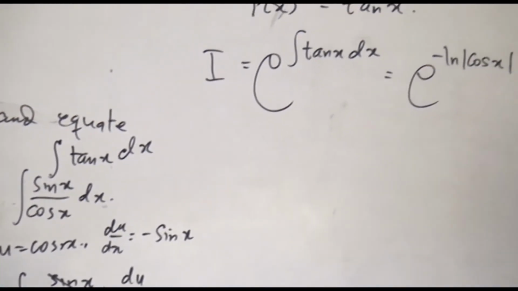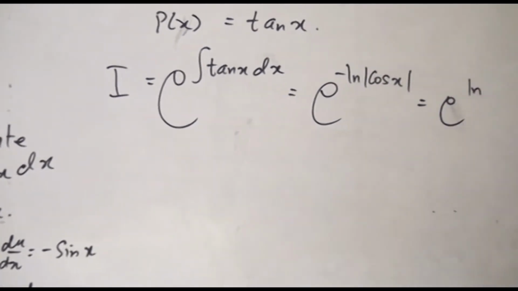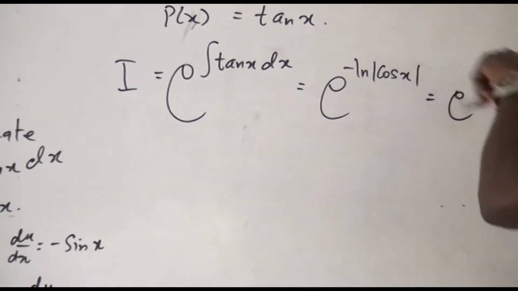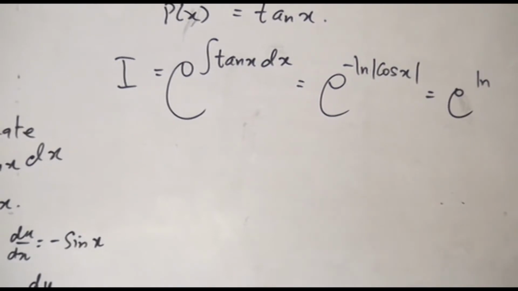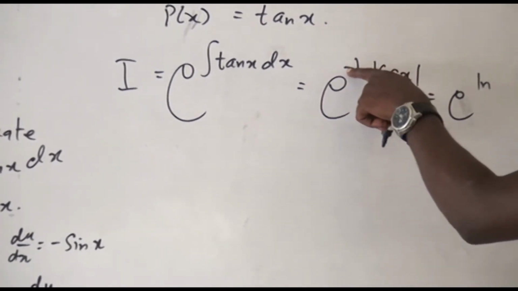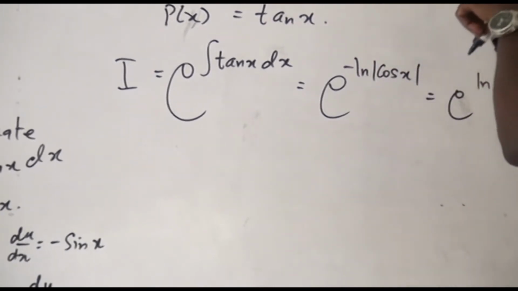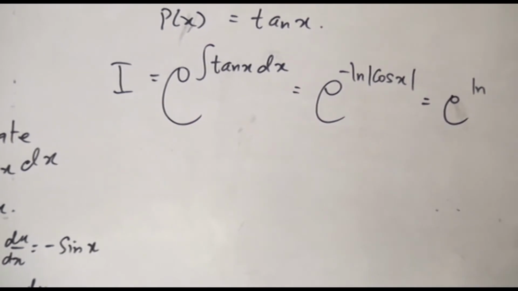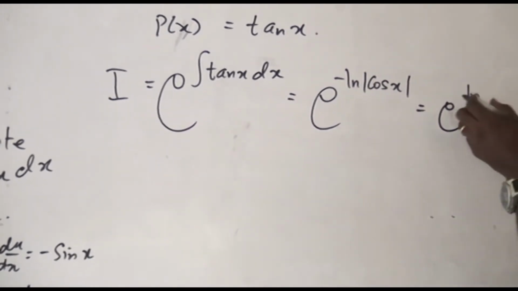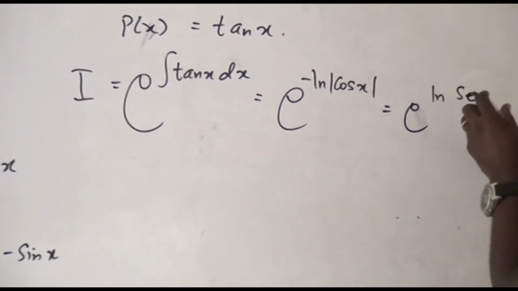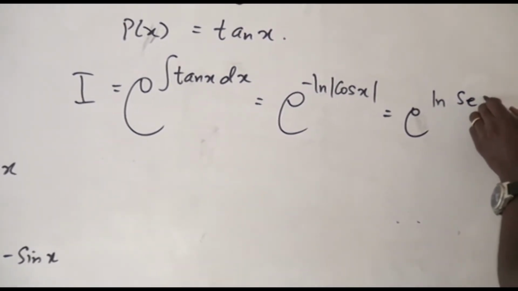All right, so this will give me e raised to the power of ln of cos x raised to the power of minus 1. So that will be the same thing as cos x raised to the power of minus 1, which is the same thing as 1 over cos x, and that is going to be sec x.